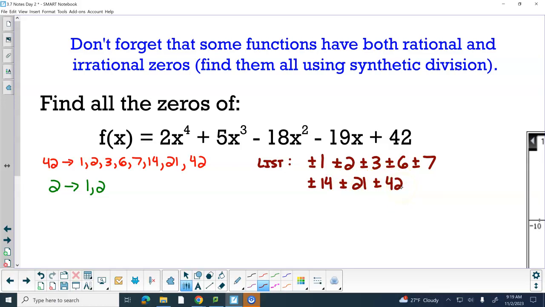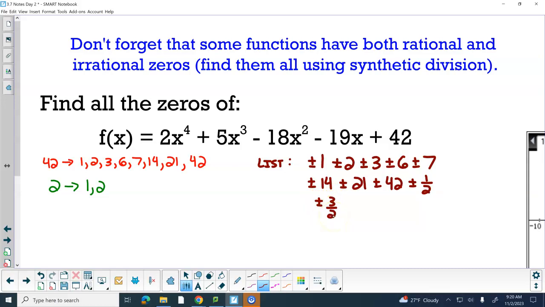Because that was us dividing by 1. Now we got to divide by 2. 1 divided by 2 is 1/2. 2 divided by 2 is 1, already in my list. 3 divided by 2 is 3/2.